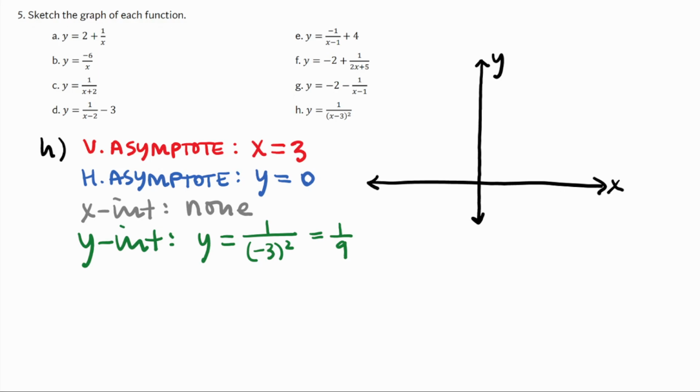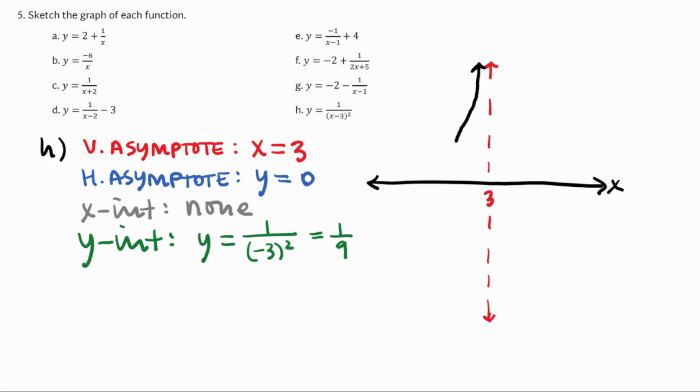And, okay, maybe I'll clear that out, because we did say there's a vertical asymptote at x equals 3. So I might make that the center of my graph. You don't have to do that by any means. I'm just saying it'll make my graph look a little nicer. And 1 over x squared, I showed y'all what that looked like in the lesson.